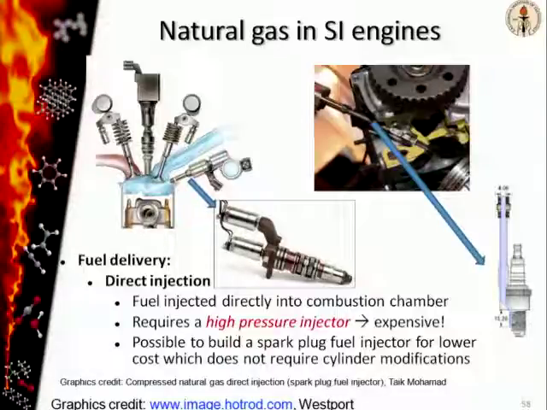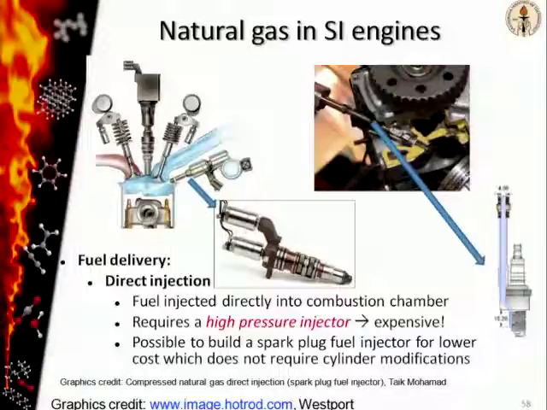The other drawback also is that if you're retrofitting an existing spark ignition engine to operate on natural gas, you need to do modifications in order to allow this high pressure injector to access the combustion chamber volume. So that adds to the complexity and the cost of conversion from gasoline to natural gas.